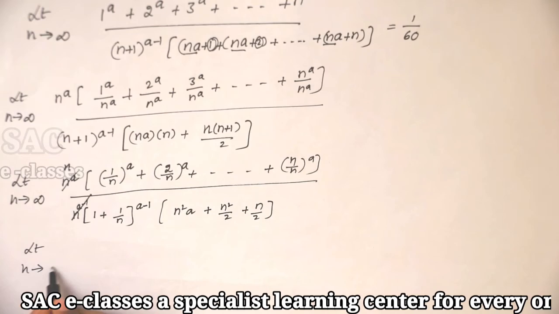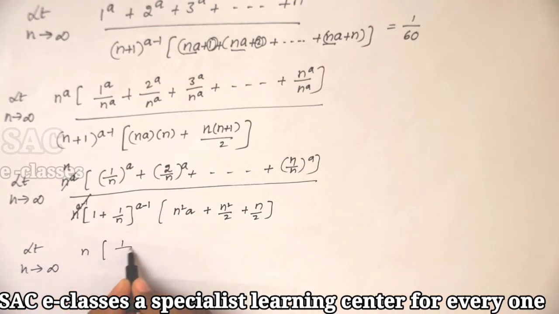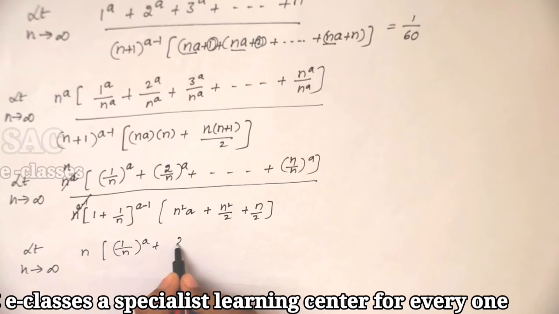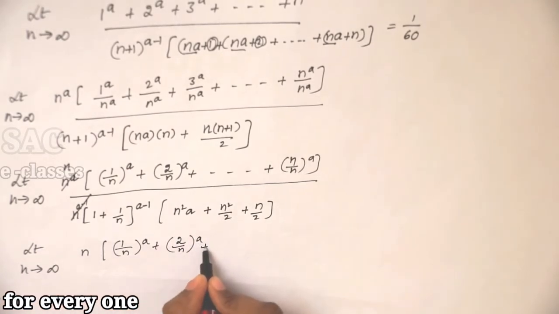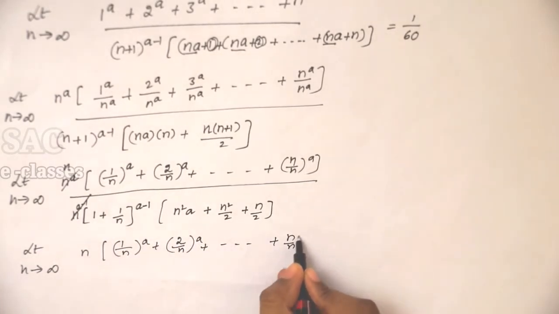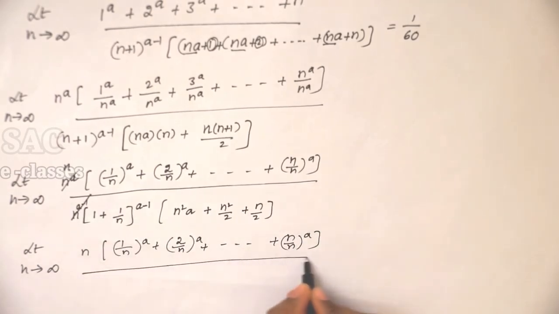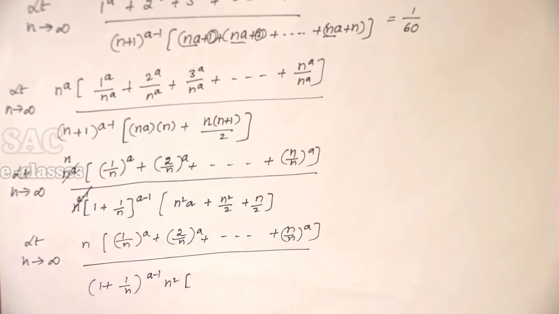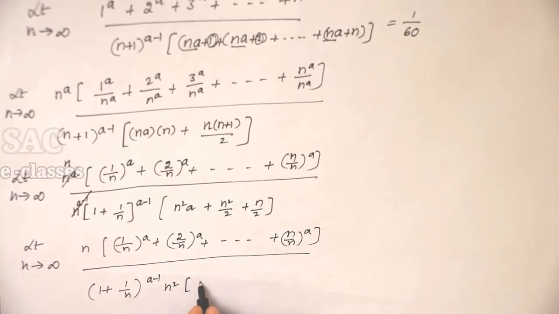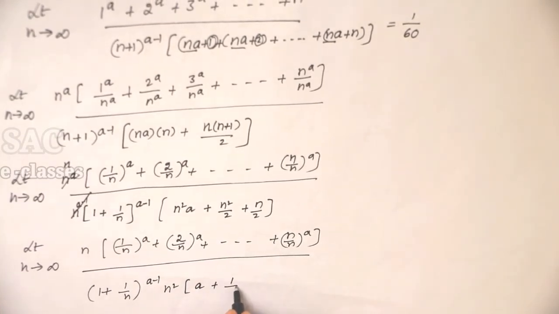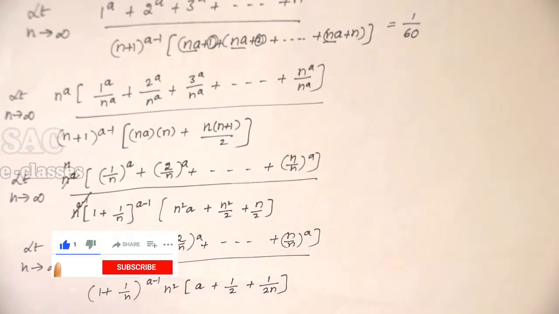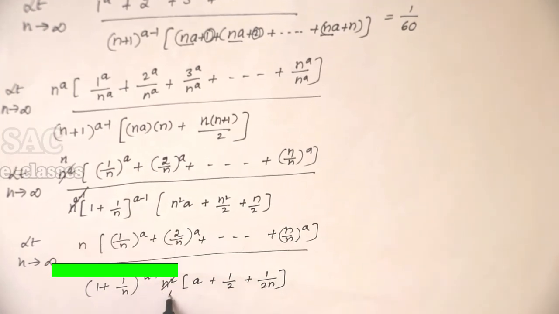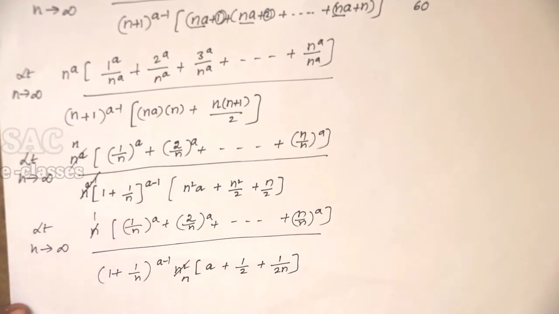Limit n tends to infinity, n into 1 by n whole power a plus 2 by n whole power a plus and so on, n by n whole power a, by 1 plus 1 by n whole power a minus 1 into, let's take out n square as common, n square into a plus 1 by 2 plus 1 by 2n. Here n times and 1 times get cancelled.